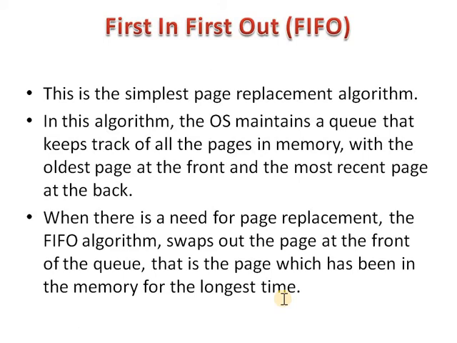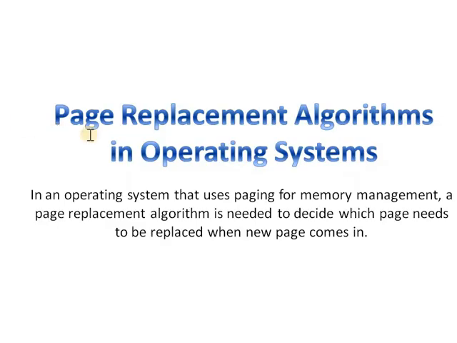Here, normally, what does page replacement mean? In an operating system that uses paging memory management, a page replacement algorithm is needed to decide which page needs to be replaced when a new page comes in. Whenever the size of main memory is full, at that time we want to replace the already present pages with new pages.